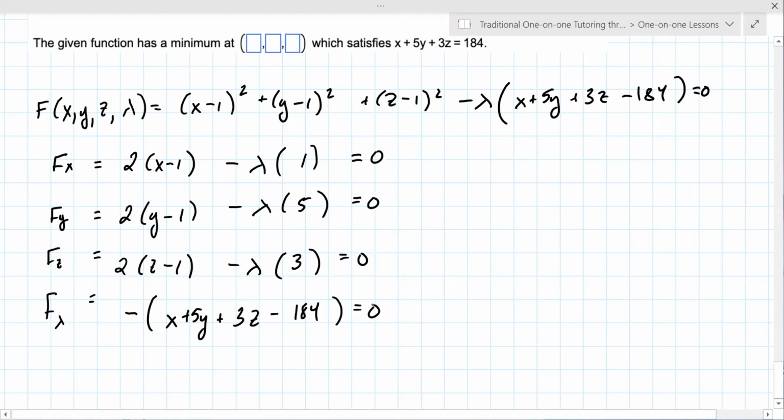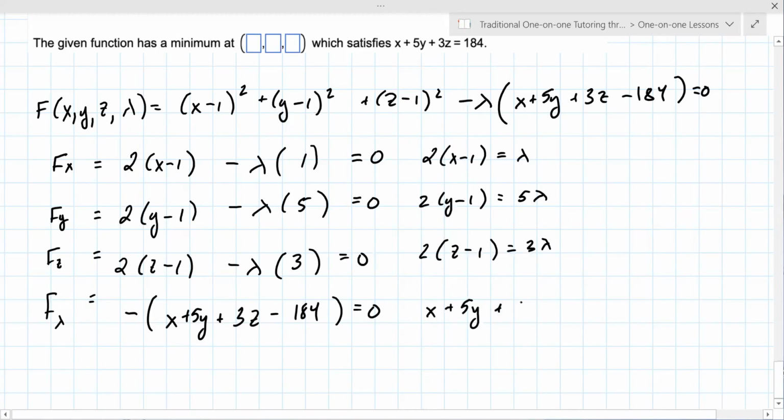Okay. So this first one, you get 2 times x minus 1 equals lambda. Second one is 2 times y minus 1 equals 5 lambda. Third one is 2 times z minus 1 equals 3 lambda. And then just clean this up a little bit: you get x plus 5y plus 3z equals 184.